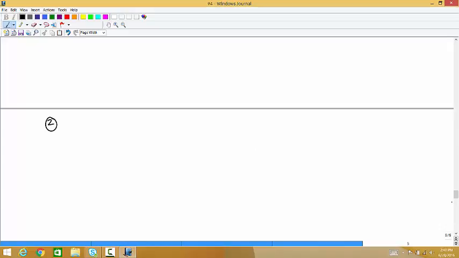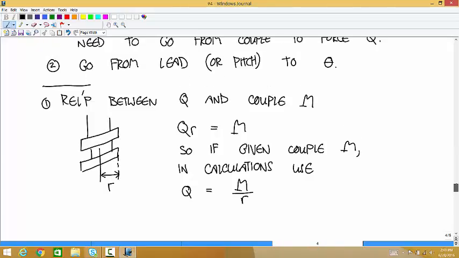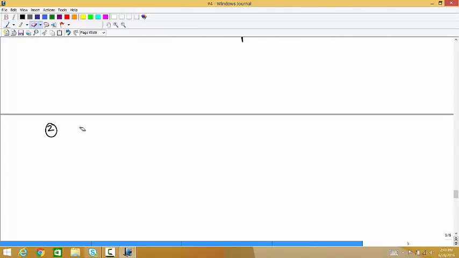And then the second one is the relationship between the lead and theta.